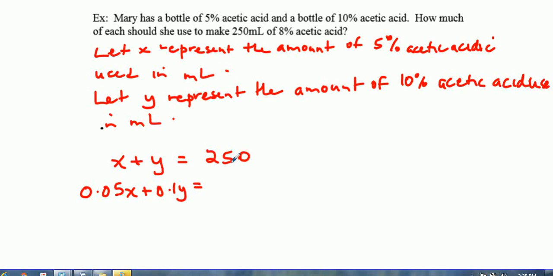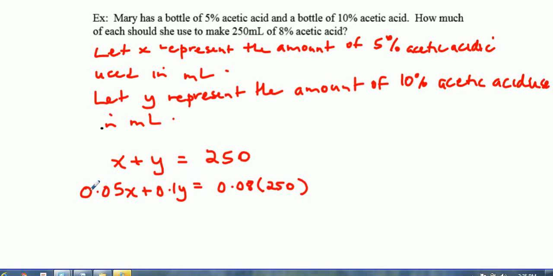When I add them together, they have to give me a concentration of 8% times the 250 mils. Does everybody see that? That one's really kind of tricky.